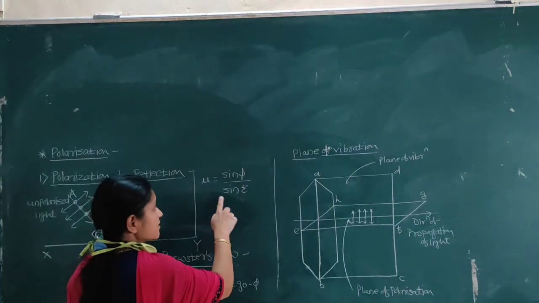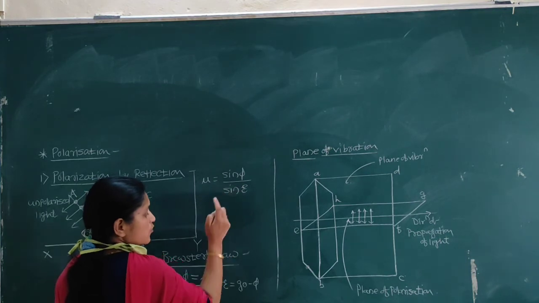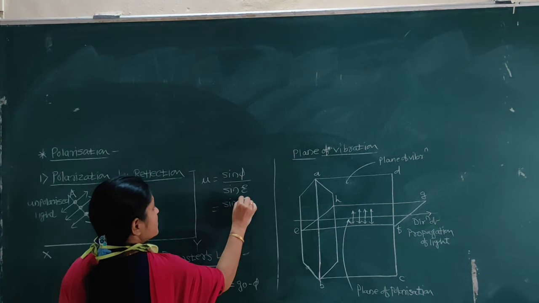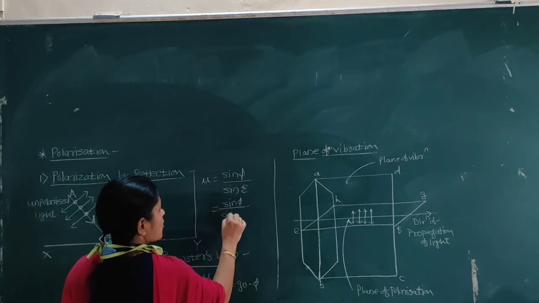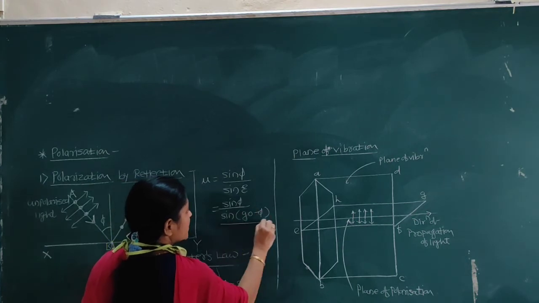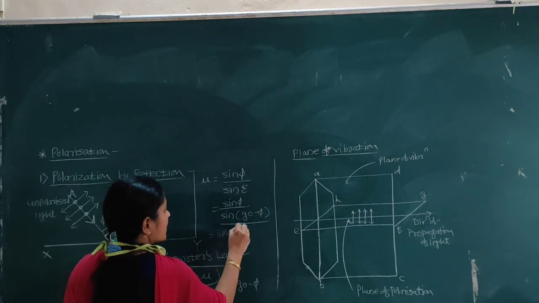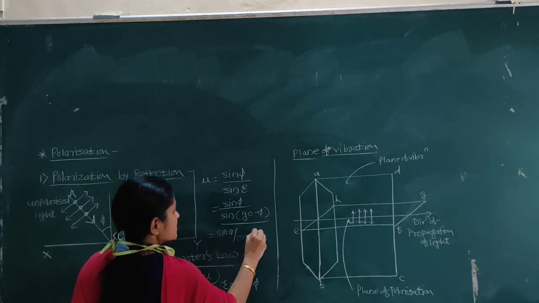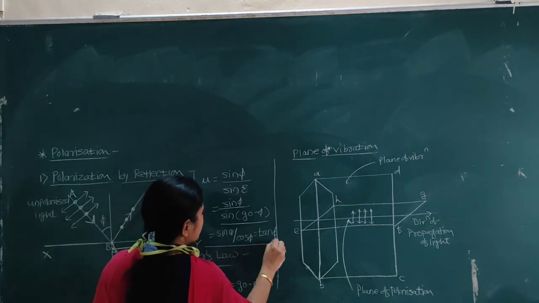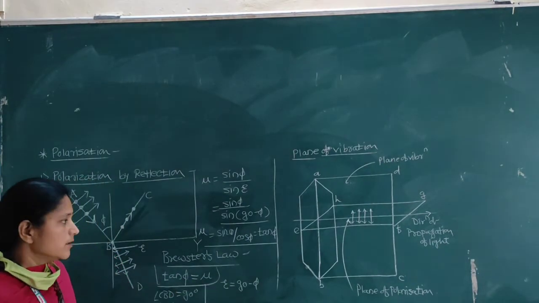Here instead of R, if we put 90 minus phi, we get sine phi divided by sine of 90 minus phi, and sine of 90 minus phi is equal to cos phi. So sine phi divided by cos phi is equal to tan phi. So finally we get mu equals tan phi, and that is nothing but Brewster's law.